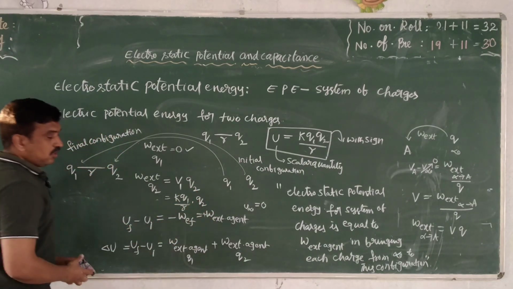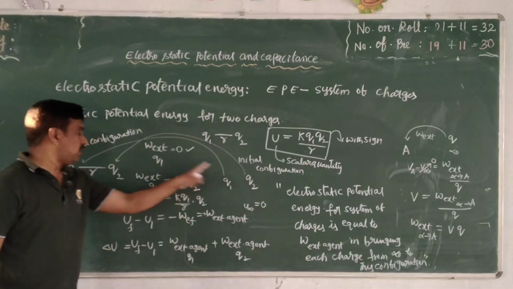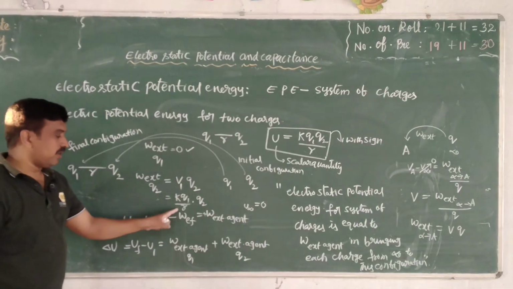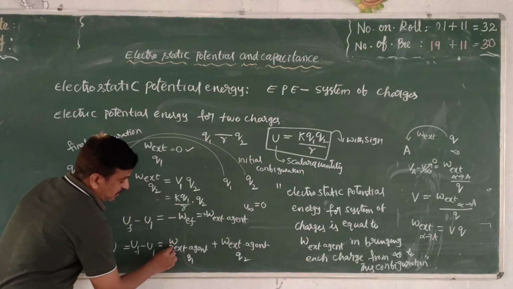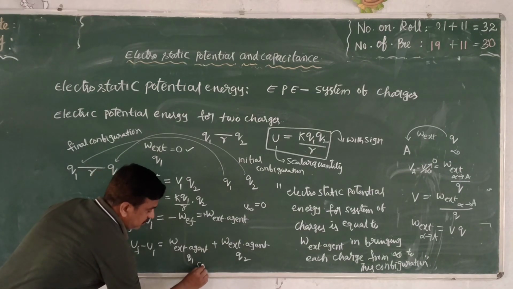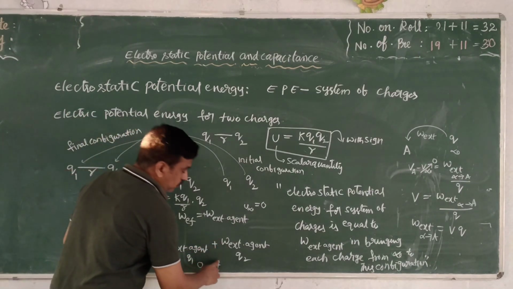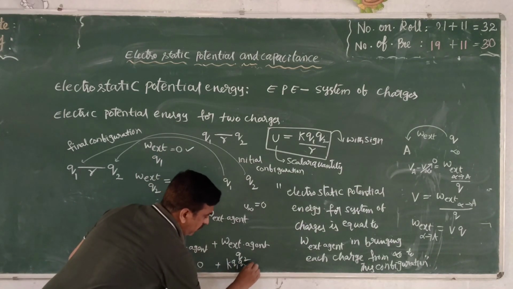So work done by external agent in bringing Q2 charge from infinity to R distance from the Q1 is K Q1 by R into Q2. We can write work done for bringing Q1 charge is 0 plus work done in bringing Q2 charge is K Q1 Q2 by R.